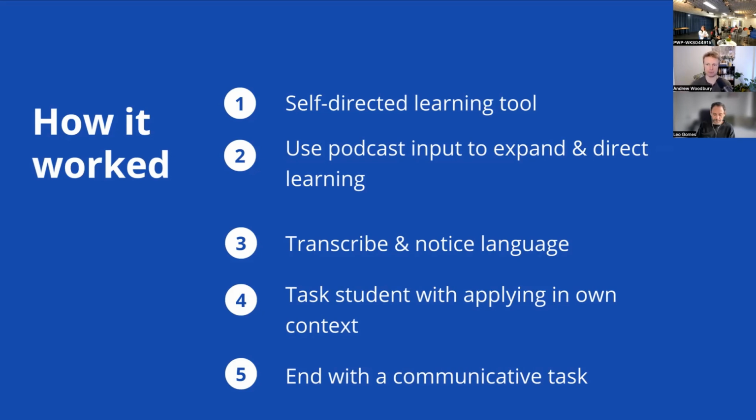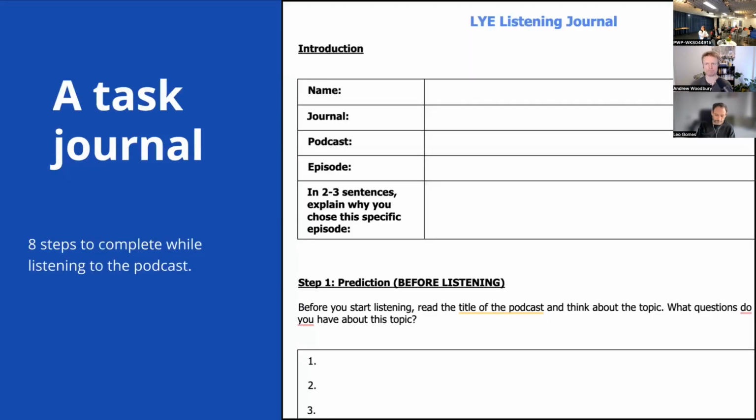So some of the tasks ask them for ideas, to transcribe, to notice language. Then they ask them to apply the topic of the podcast or their own takeaways from it in their own context. And it always ended with a communicative task. And it came with a task journal or a listening journal that partly looks like this.